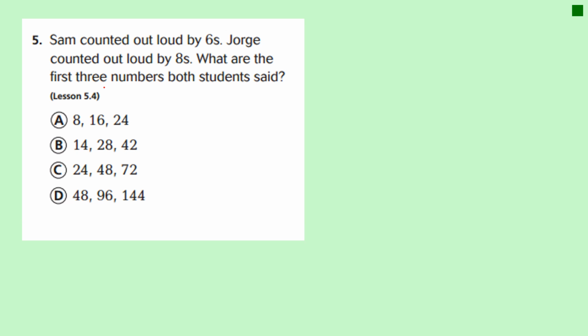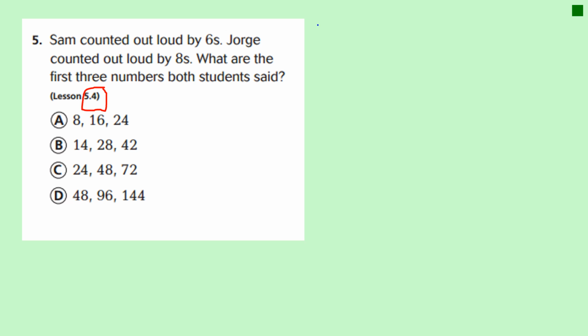Okay, now we're already on the review. This is chapter 5, lesson 4. All right, let's see here. Sam counted out loud by 6s. Jorge counted out loud by 8s. What are the first 3 numbers both students said? Do you remember this, boys and girls?